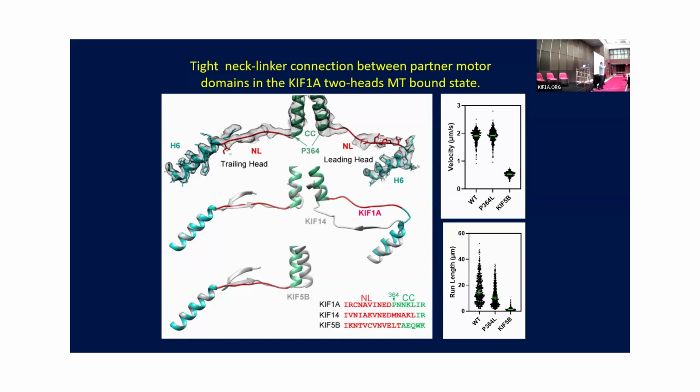So we believe that this very tight interaction between the two heads helps the two motor domains to be coordinated. Coordinated means one motor talking to another to tell it, don't let loose, I need to move to the next position. And that coordination helps this motor to move for very long distances, which is a characteristic of this kinesin, KIF1A.